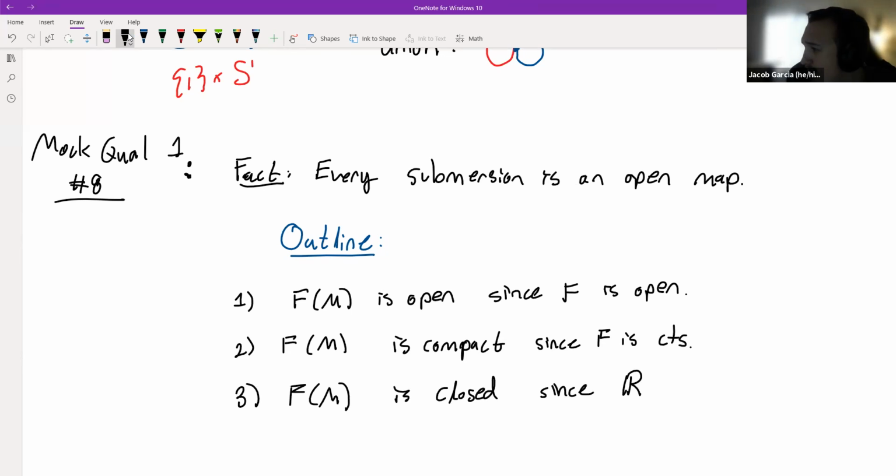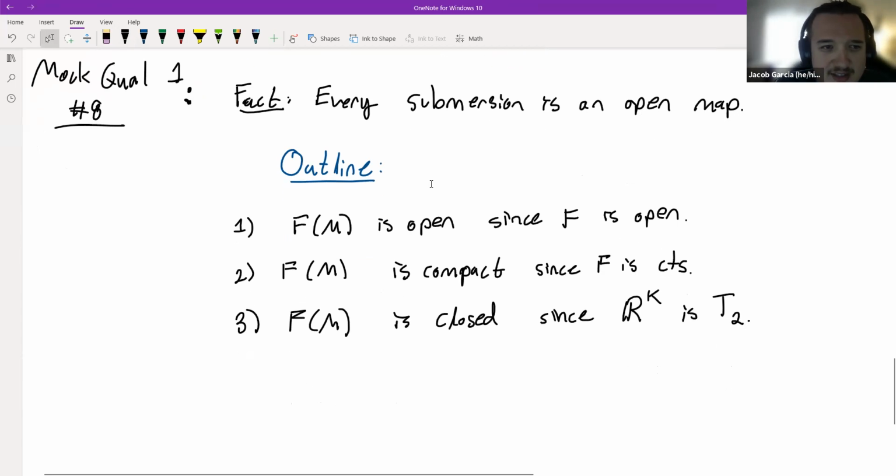since R^k, did I use K? R^k is Hausdorff, right? A compact subset of a Hausdorff space is closed. This is one of the exercises to know, or if it's not, it should be.